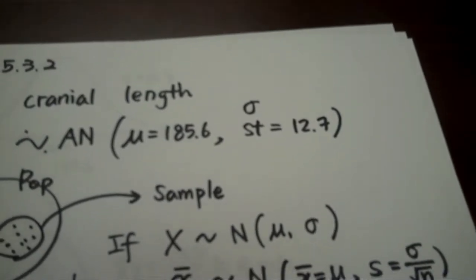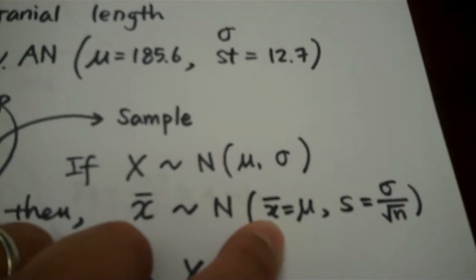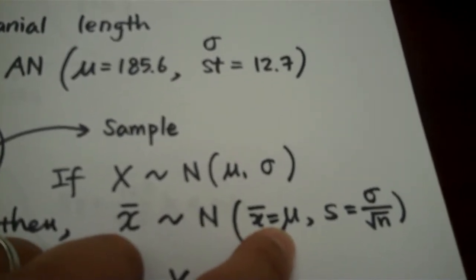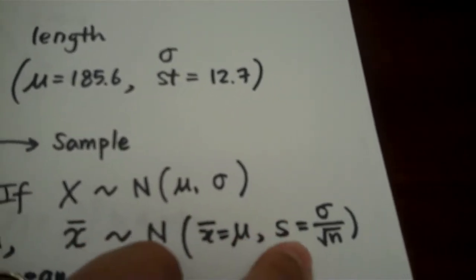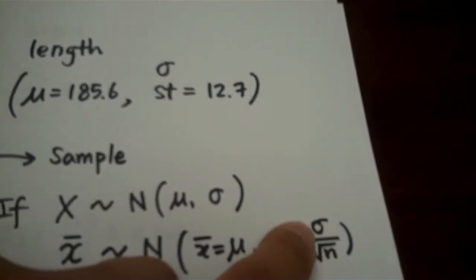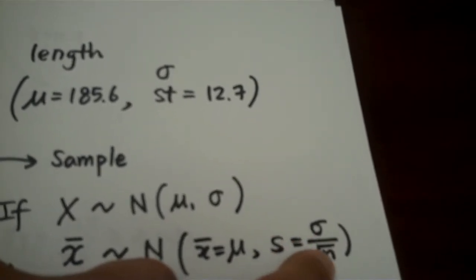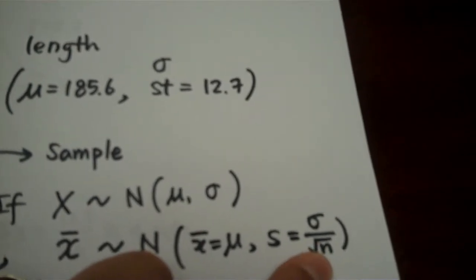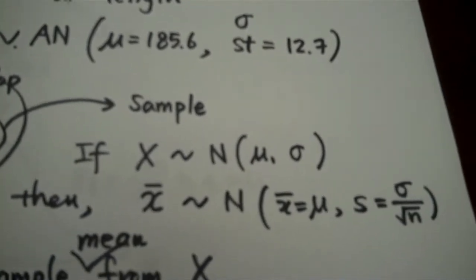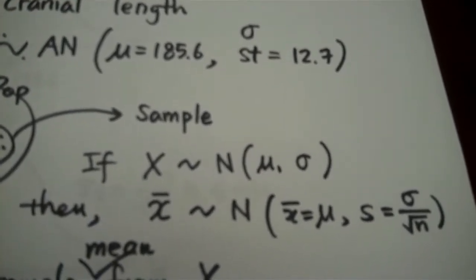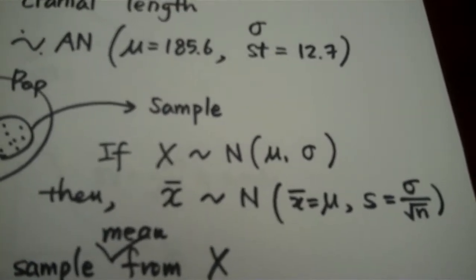The mean of x bar is the same as the population mean, and the standard deviation of x bar is the population standard deviation over the square root of the sample size. Someone already found that, so we just use it for convenience.